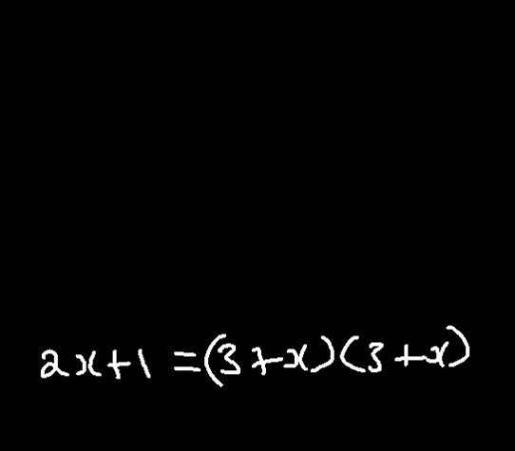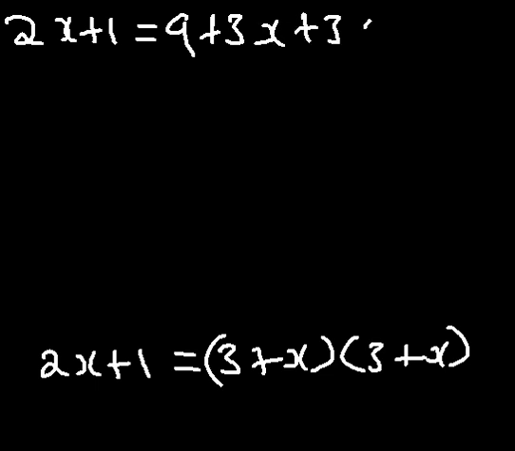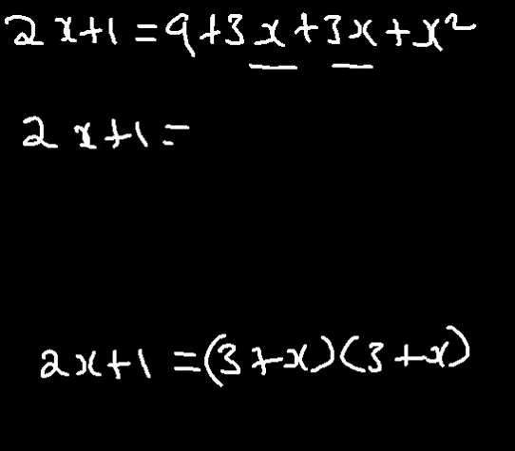That will be given as 2x plus 1 is equal to 3 times 3, which is 9, and I'll have 3x and also 3x, plus x squared. Then, having the like terms, we'll have 2x plus 1 is equal to 9 plus 6x plus x squared.